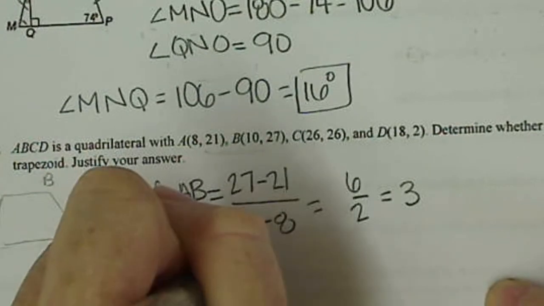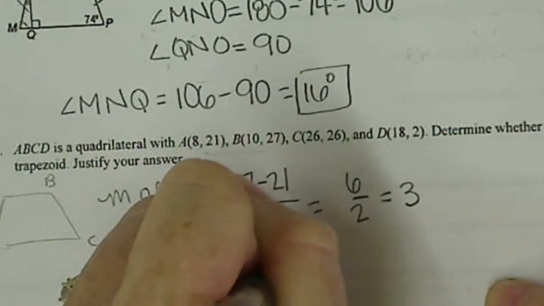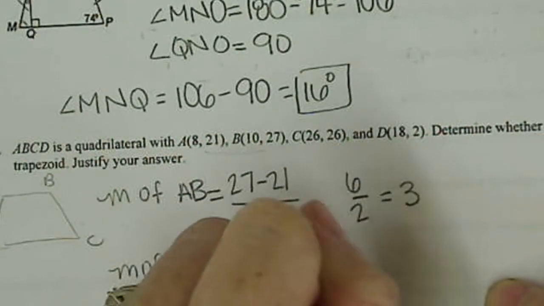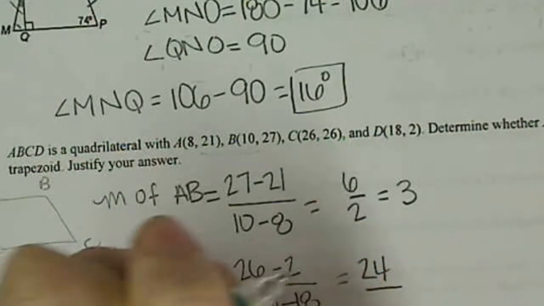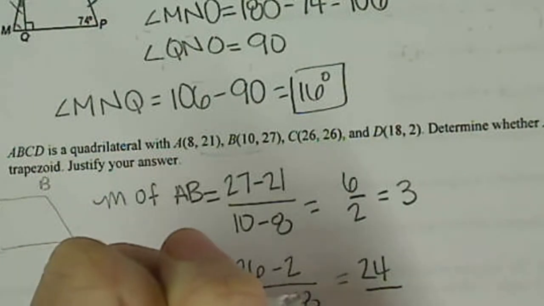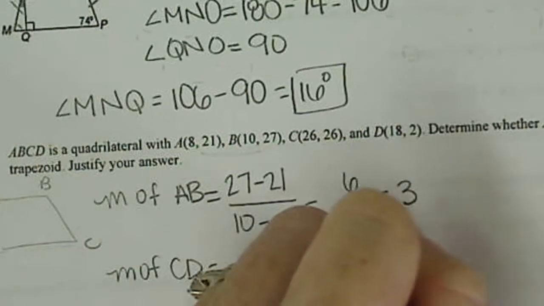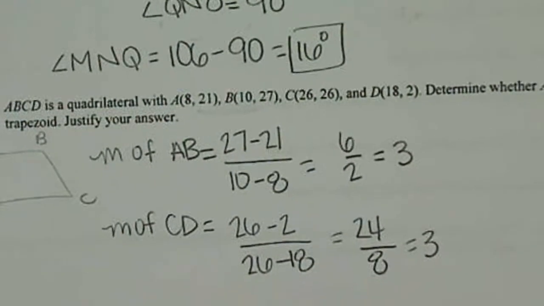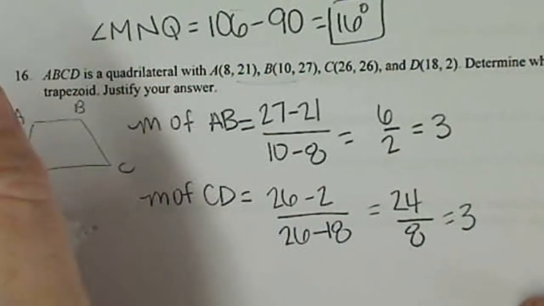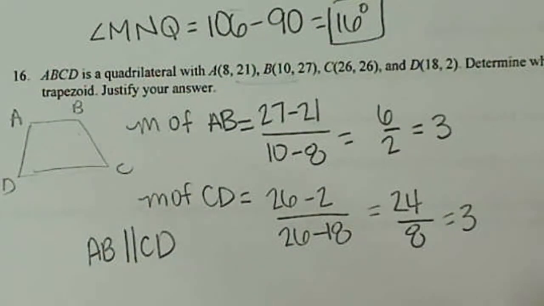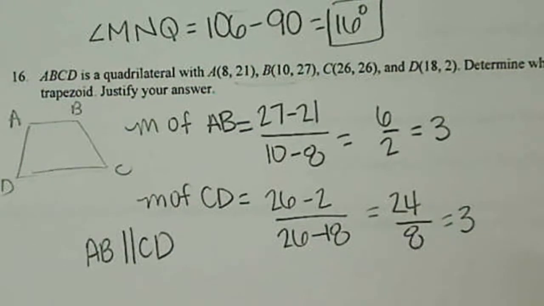So let's do that one. Okay, those are parallel, which is what we want. We want AB to be parallel to CD, but we also want to prove that AD and BC are not parallel. Their slopes need to be different.